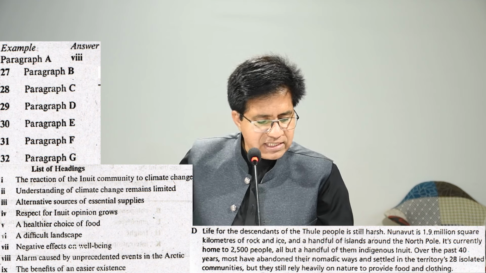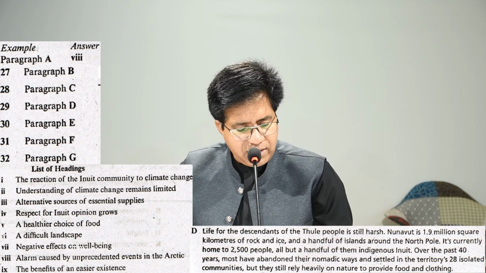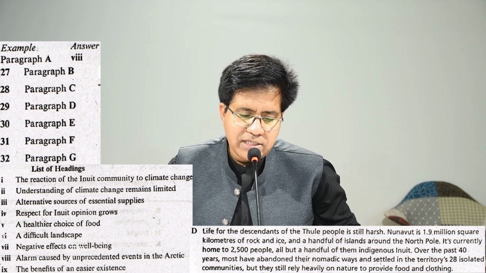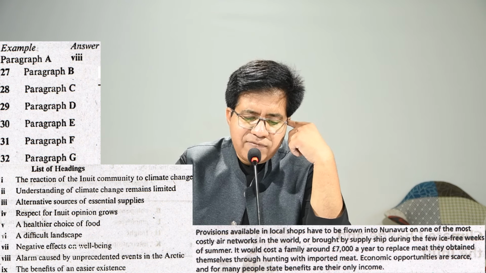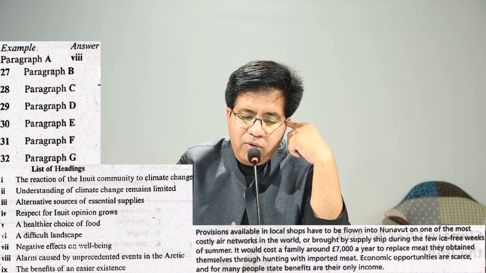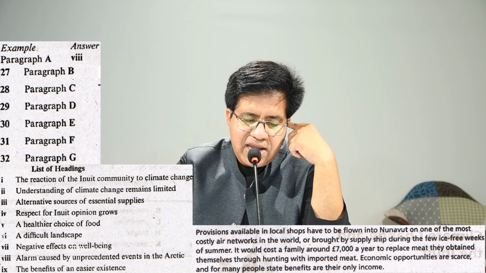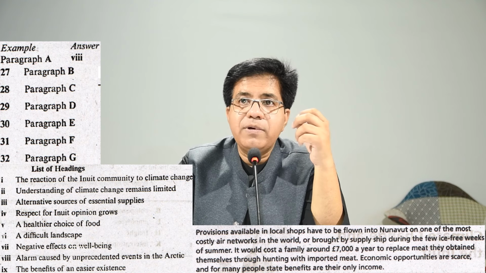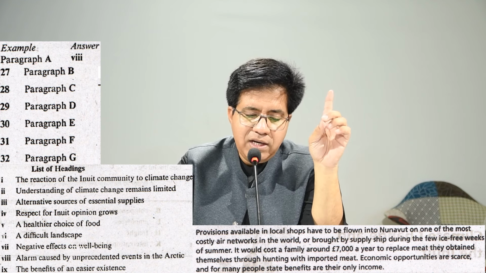Yes, they still rely heavily on nature to provide food and clothing. Provisions available in local shops have to be flown into Nunavut on one of the most costly air networks. Now, what are they talking about? Food, supplies, or brought by supply ship. Now, what is it? Number 1.